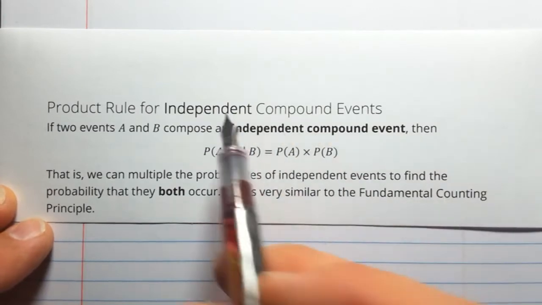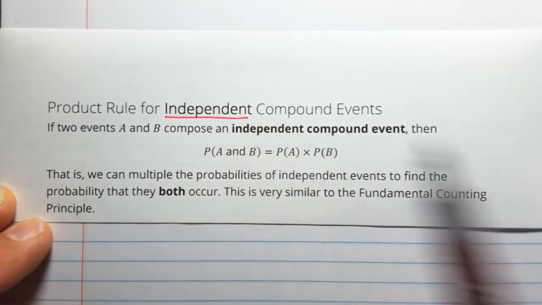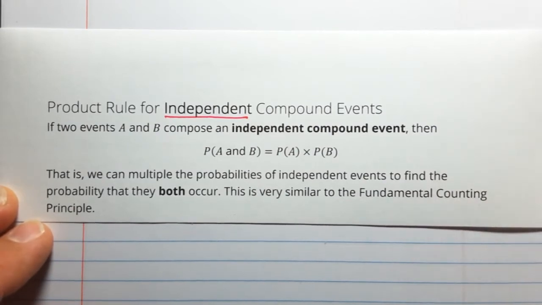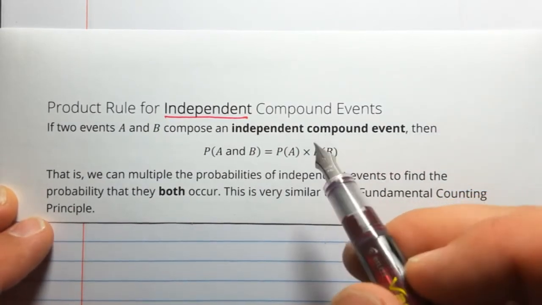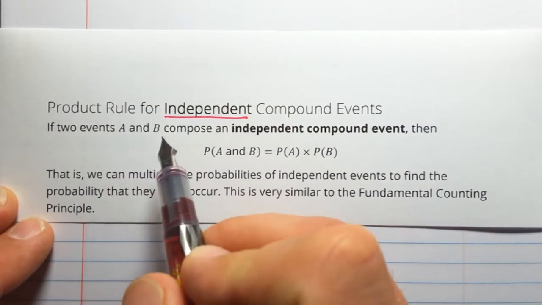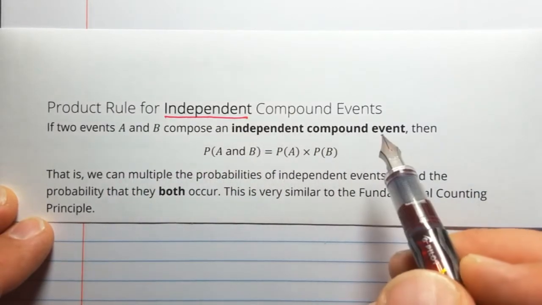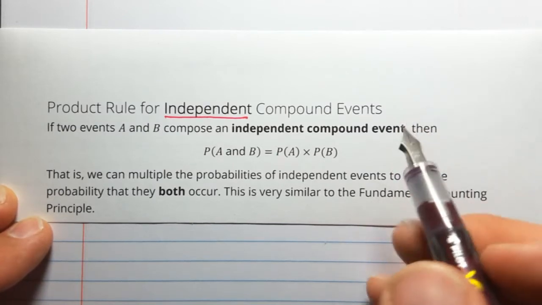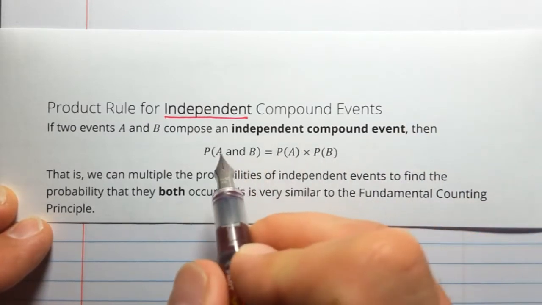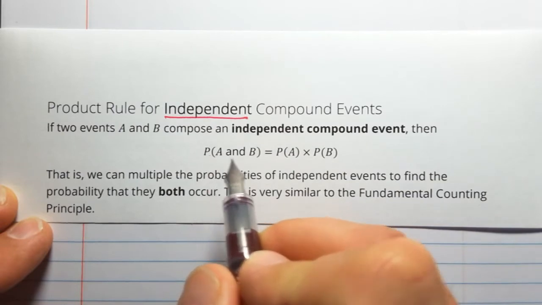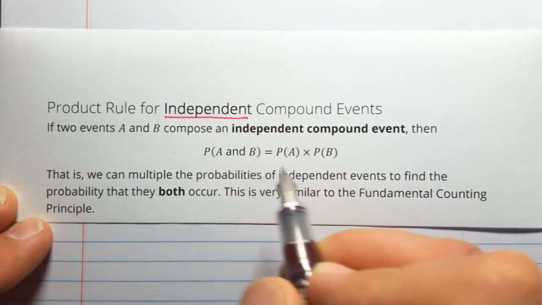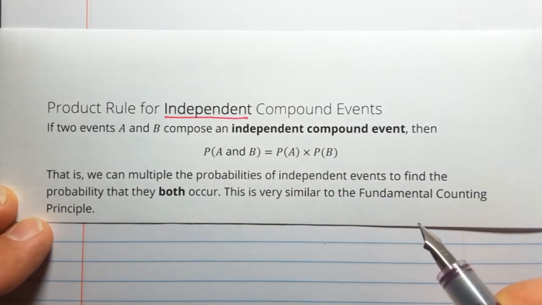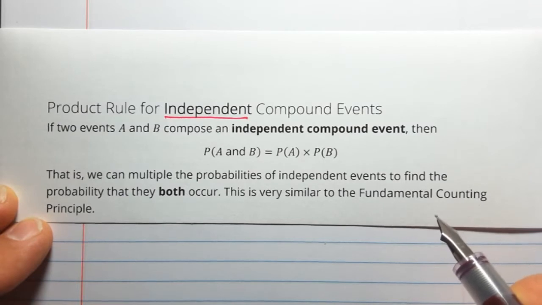Now this is called the product rule for independent compound events. And you cannot use this with dependent compound events, although you can use the dependent one with the independent ones. We'll see in a minute. If two events A and B compose an independent compound event, that means that B does not depend on A. You don't have to know how A worked out to know how to calculate B. We have this formula: the probability that B and A both occur is the probability of A times the probability of B. And that's basically a lot like the fundamental counting principle that we learned in combinatorics.